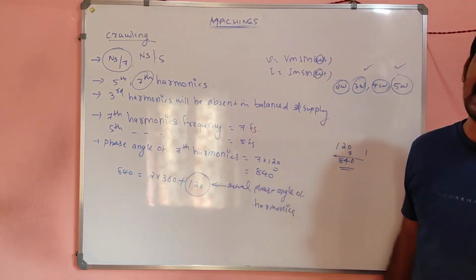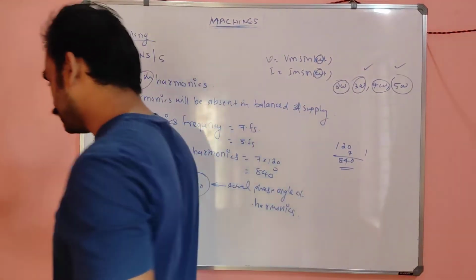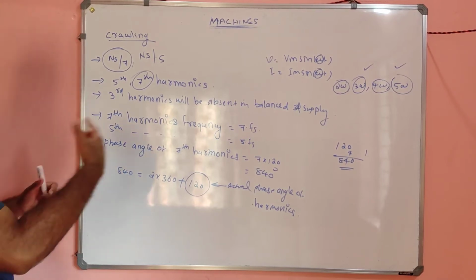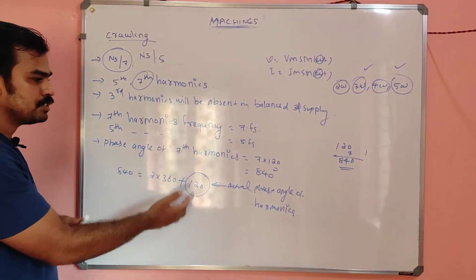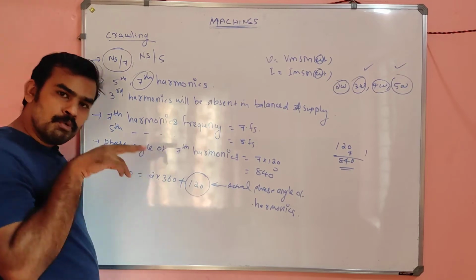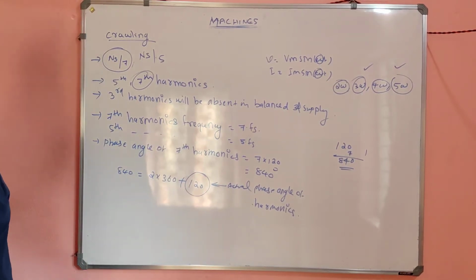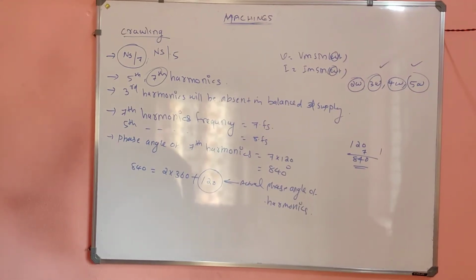That something will be the actual phase angle of the harmonic. The 7th harmonic will try to move at this 120 degree phase angle. That's all about crawling. You just need to know the term only, my dears.